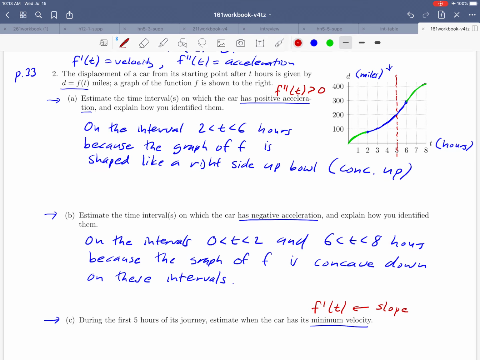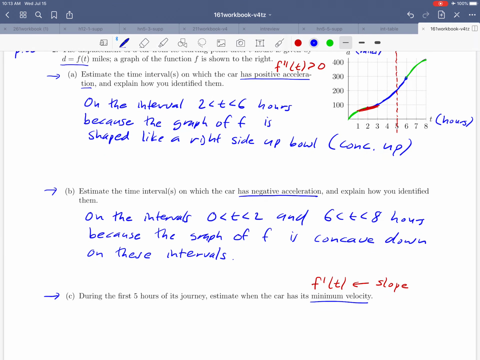So it's like asking, if you look just between 0 and 5 hours, where do you think the minimum slope is happening? To me it looks like it's right in the middle, that place where the concavity changes. If I drew a tangent line there, I think that's going to have the least slope out of all of those points in the first 5 hours. So my estimate would be at about t equals 2 hours.